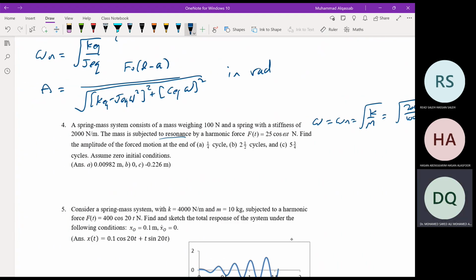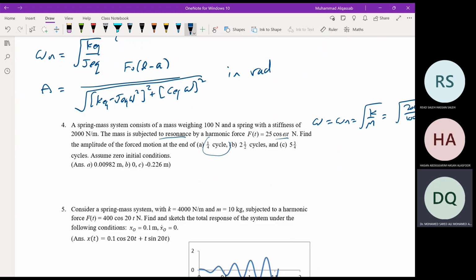Find the amplitude of the forced motion at the end of 1/4 cycle, 2.5 cycles, and 5 3/4 cycles, assuming zero initial conditions. The force is cosine omega t, and the question is to find the response or the amplitude at a specific time.